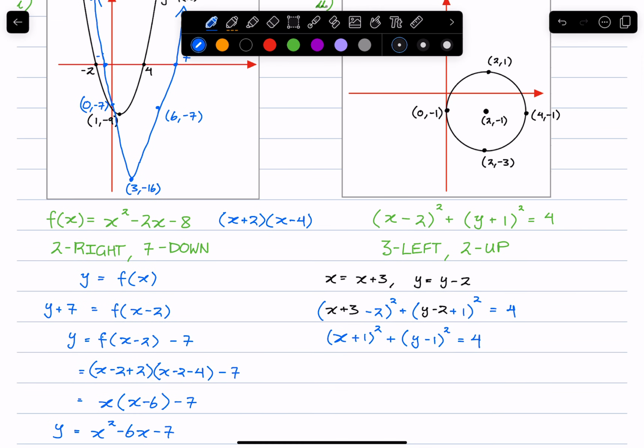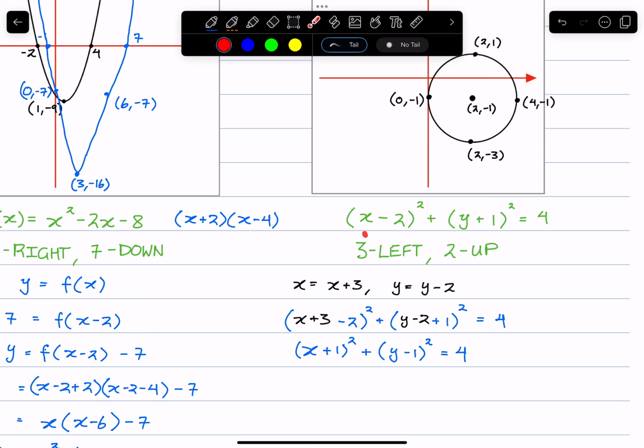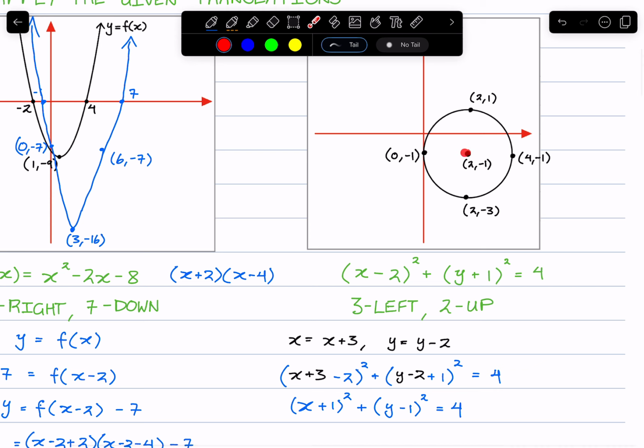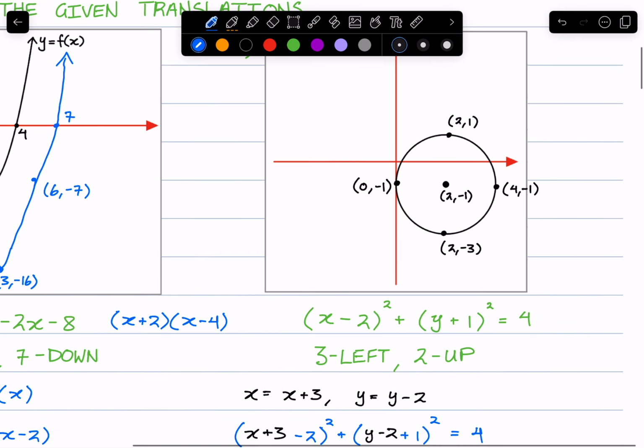So now doing this, applying these algebraically, we get this expression for the circle, but we can just simply do this visually by moving this 3 units left and 2 units up. So our new circle, I'm actually just going to sketch it like this.